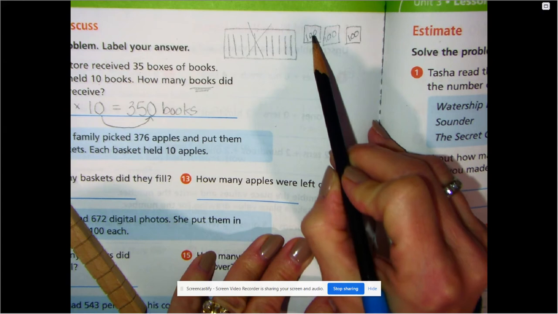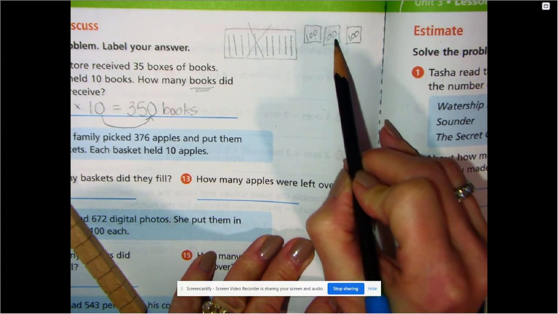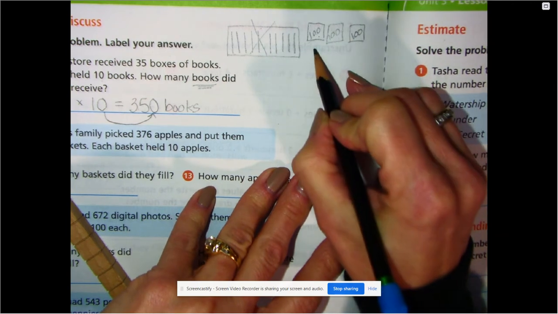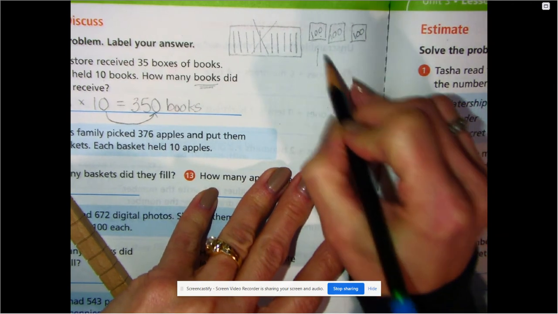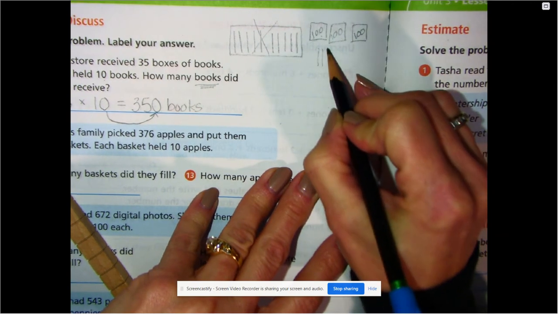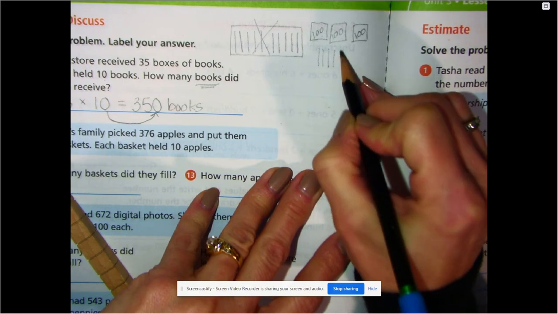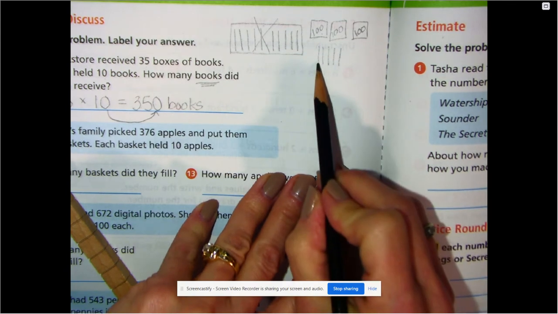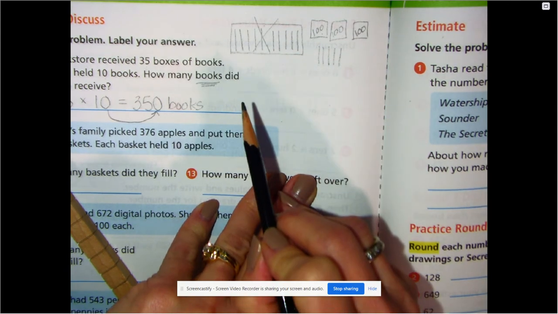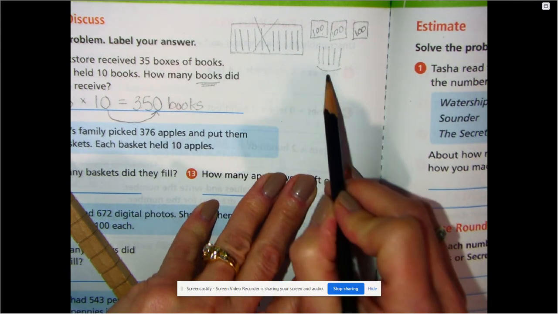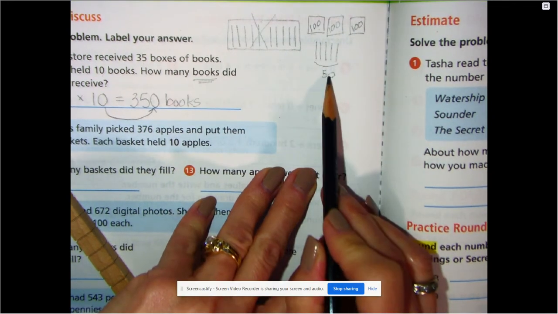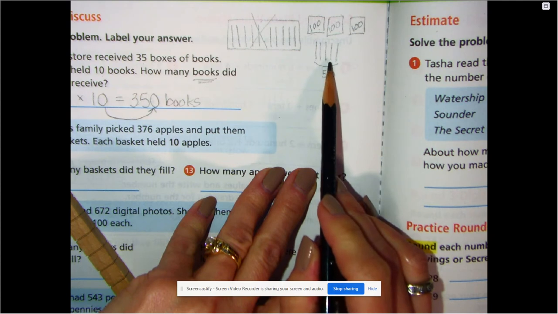So here's 10 boxes, 20 boxes, 30 boxes, and I need 35 boxes. So here's 31, 32, 33, 34, and 35 boxes. But remember, each box has 10. So all together here, we've got 50 books, not boxes.